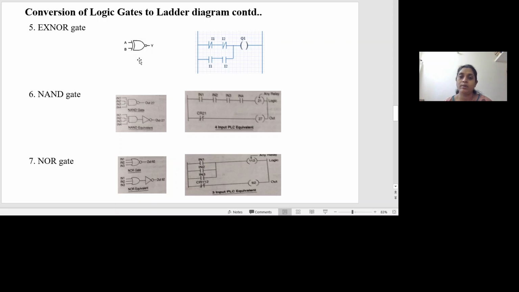If I expand that equation, the output equation turns out to be Y equal to A bar dot B bar plus A dot B. Here A dot B represents an AND operation.